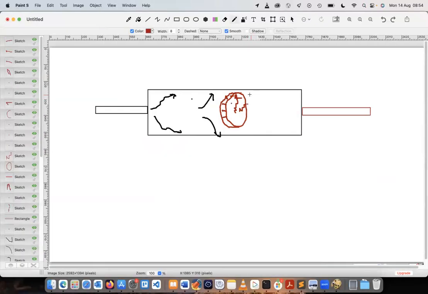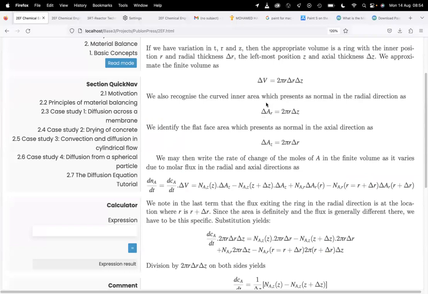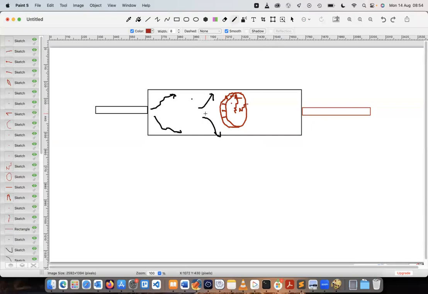And we said also, if we imagine a coin, then the curved surface of that coin is the area that's relevant here. So the radial area, the area that you encounter when you diffuse radially, is going to be 2 pi r delta Z. And then the other area that you can also see is when you are moving axially.